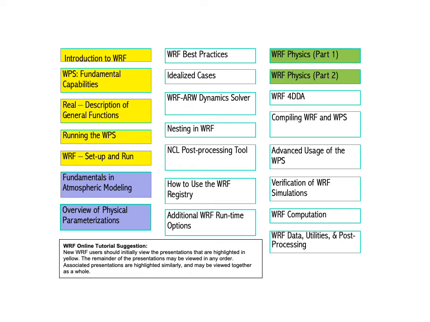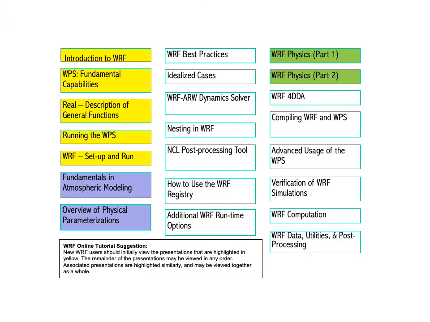For a roadmap for new users, there are a few presentations that should be taken in order before any of the other talks. These include the introduction to WRF, the fundamental capabilities of WPS, the description of the general functions for real, and then the running WPS and setup and run for the WRF model.